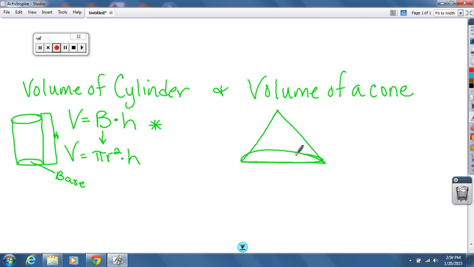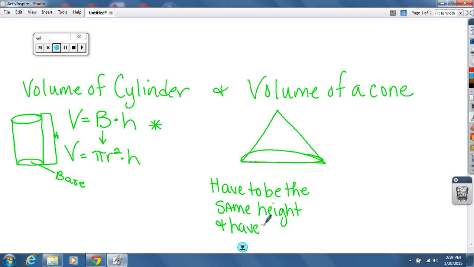Now, this cone and cylinder have to be the same height and have the same diameter in order for this to make sense. So when we talk about it, if you go online, you'll see it. There are 3 cones to fill up a cylinder.